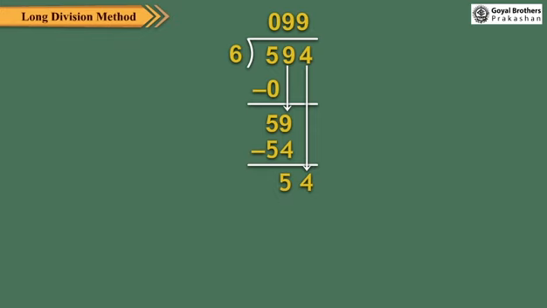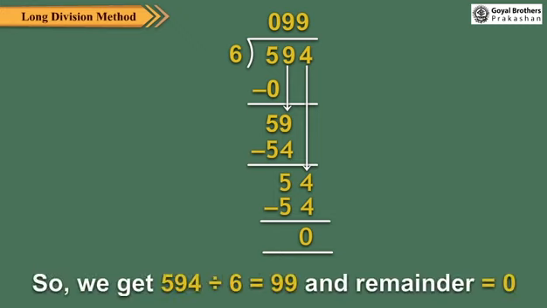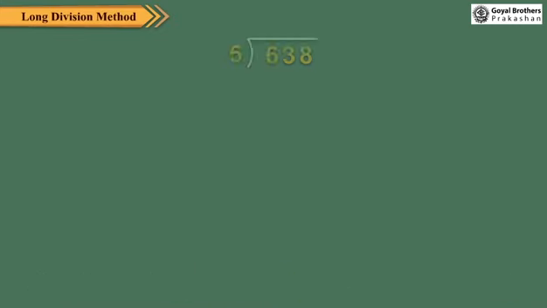So write 9 in the ones place of the quotient and 54 below 54. Subtract 54 from 54. So we get 594 divided by 6 is equal to 99 and remainder is equal to 0.